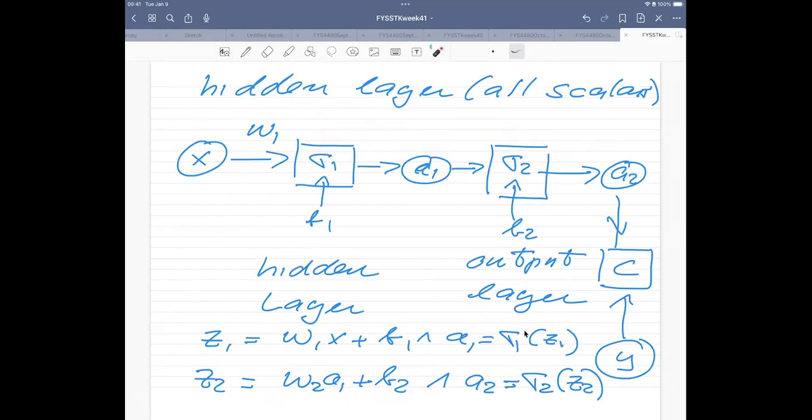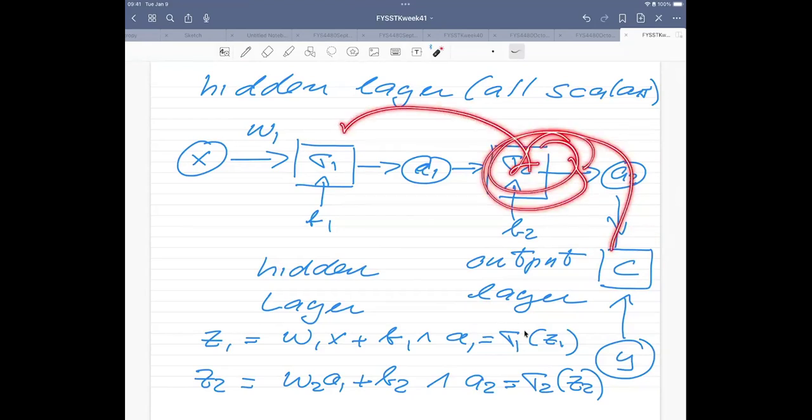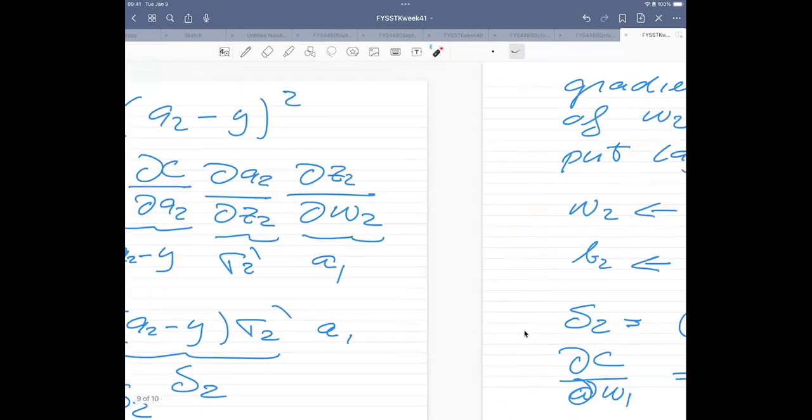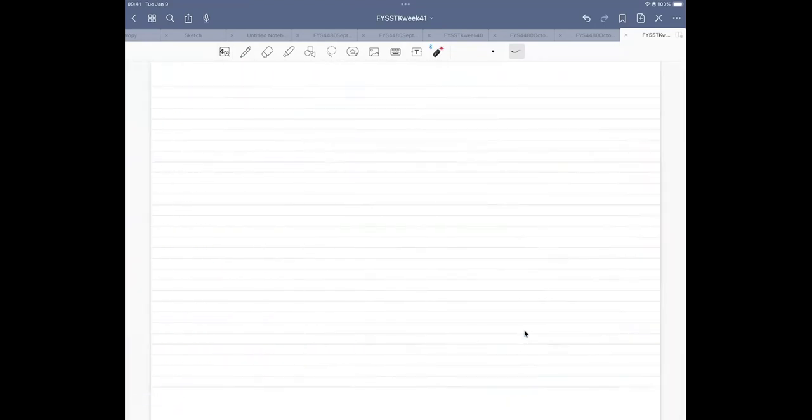So what we're going to set up now is just a repeated application of the chain rule. And this leads us to the backpropagation algorithm, because we started here, and now we go back to the output layer and find the derivatives here, and then we step back again, and then we have the derivatives here. So essentially what you're going to see now is a simple implementation of the backpropagation algorithm. Okay? So let's just set up the final derivatives.